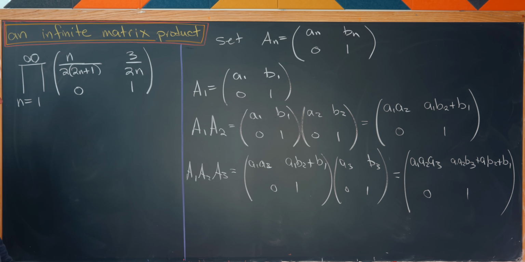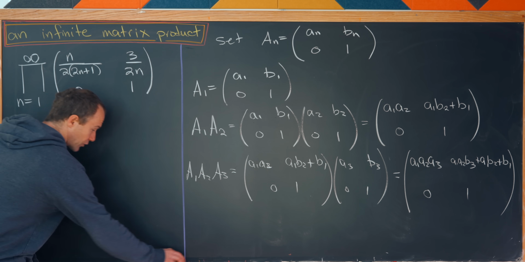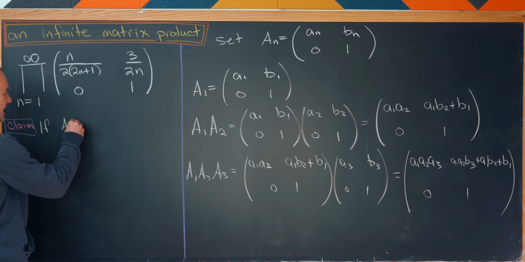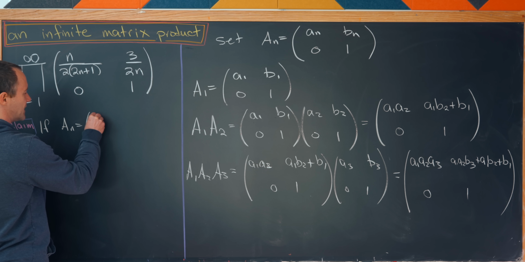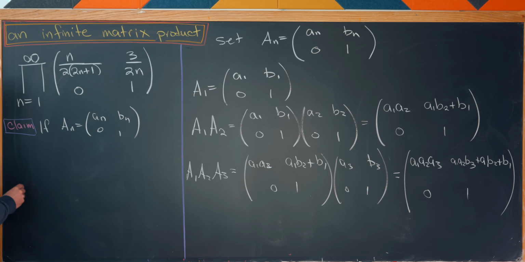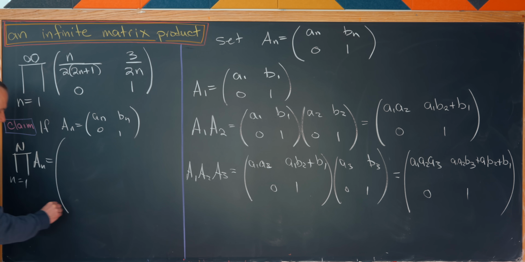So I think we can make some sort of general claim of what's going on over here, and then we'll prove this general claim by induction. If A_n is equal to the matrix a_n, b_n, 0, 1, then the product as little n goes from 1 to capital N of our matrix A_n has the following form.